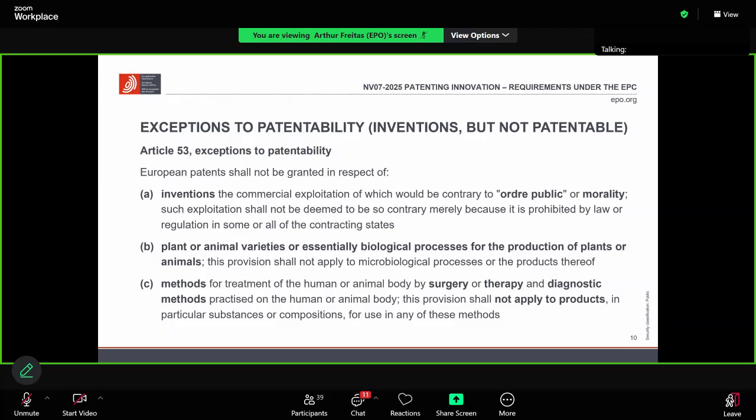Like if you have a heart disease diagnosis where you would probe the heart with electrodes, something like that, it would also be excepted from patentability. What you can get patents for are products or substances that you can use in those methods, right? Or even devices that you could use in those methods.